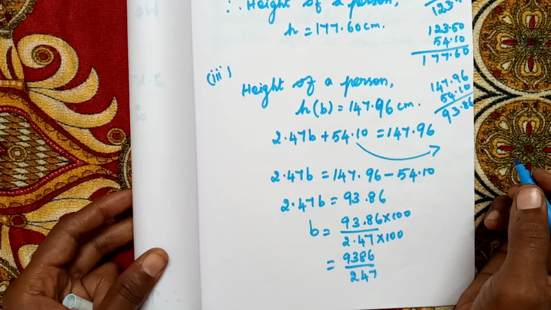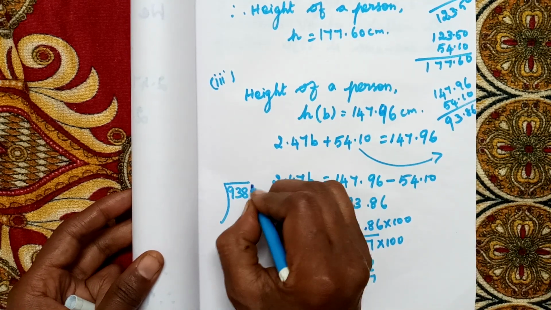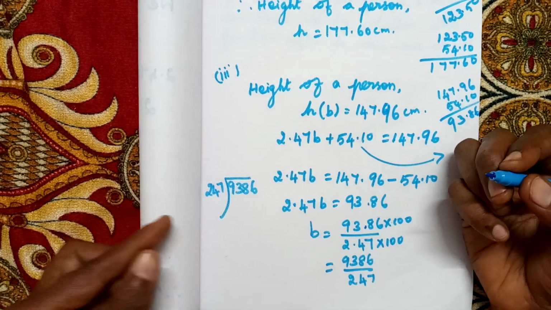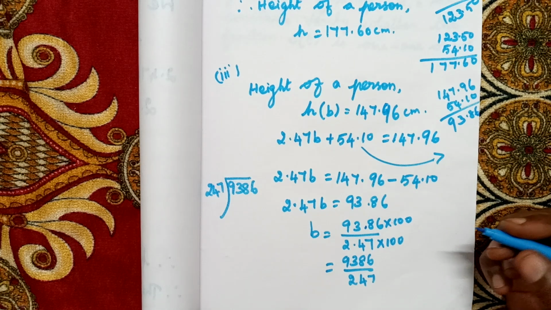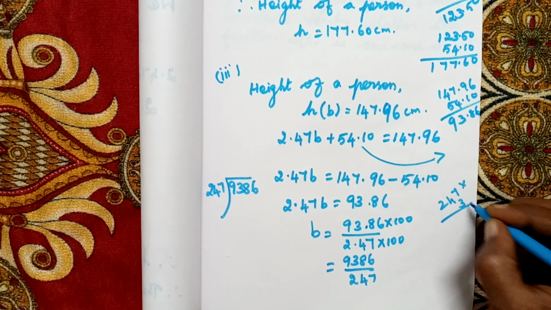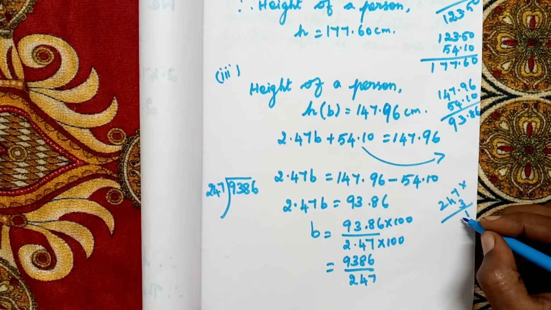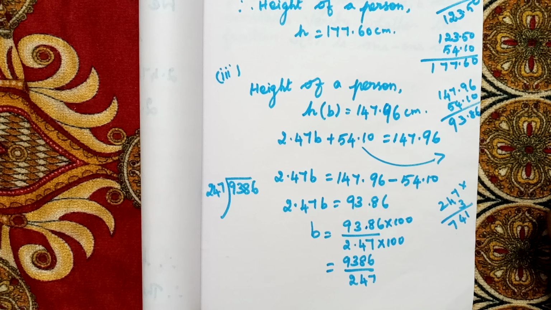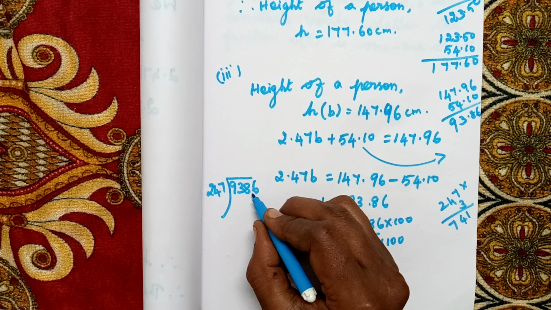When we are dividing 9386 by 247, what are we getting? 3 times, when we are multiplying, what will we get? 3 times 247. 7 3s are 21, 2 balance. 4 3s are 12, 14, 1 balance, 6, 7. 3 times means more than 938 will be got.